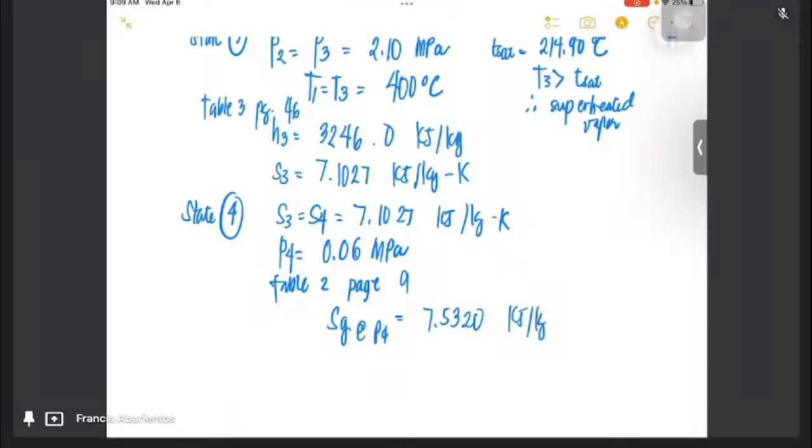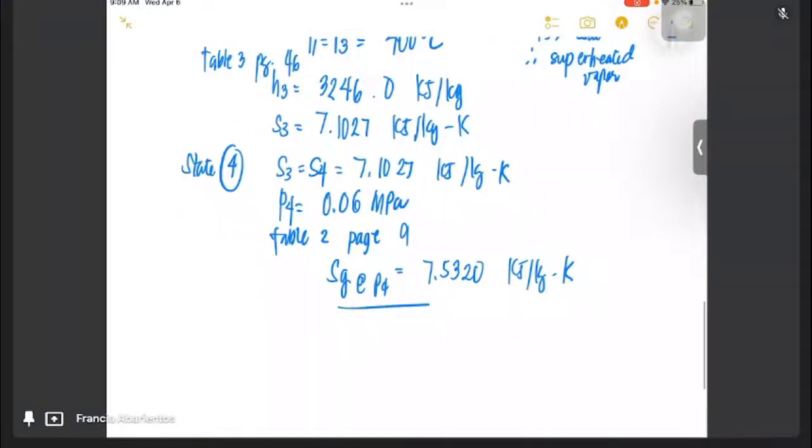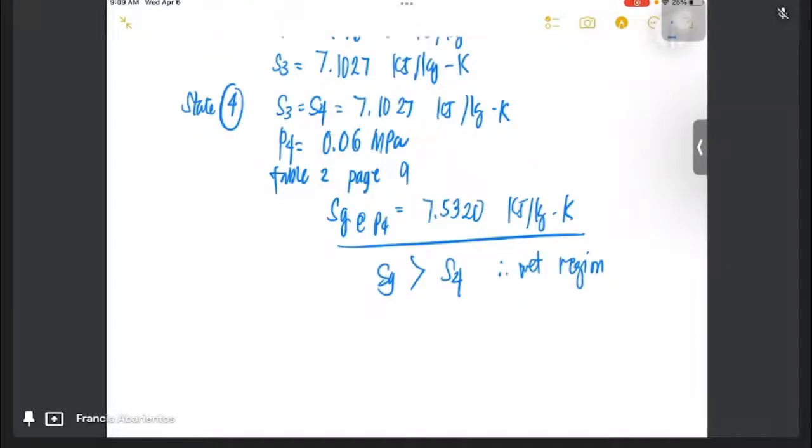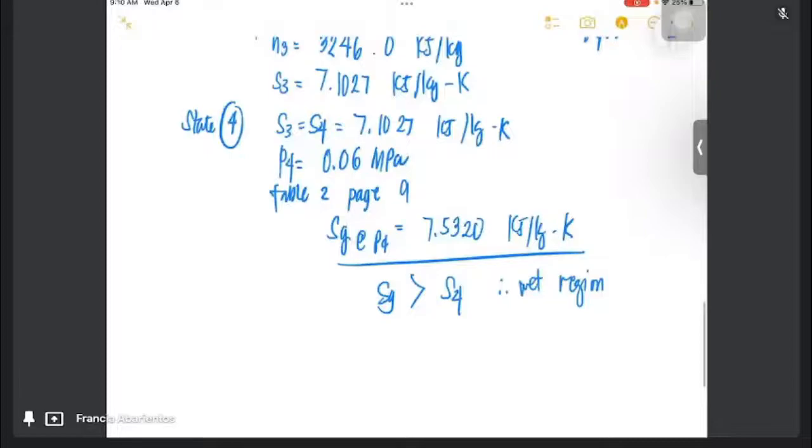So, anong mangyayari, class? Pag ganito, yung SG natin mas malaki kaysa sa given sa S4 natin. So, nagpo-fall siya sa wet region natin, or is mixture siya. So, mixture siya, class. Ang gagawin natin, if we have that state, yung hanapin mo.